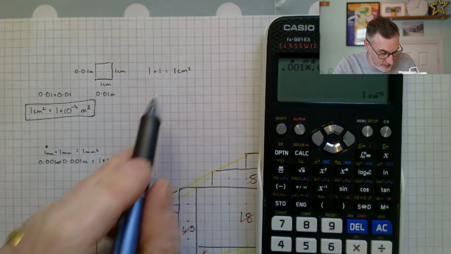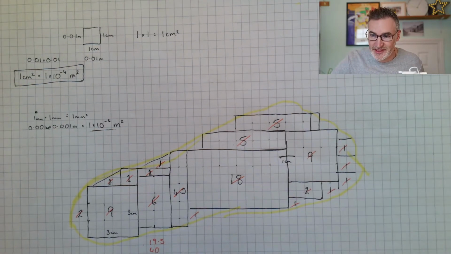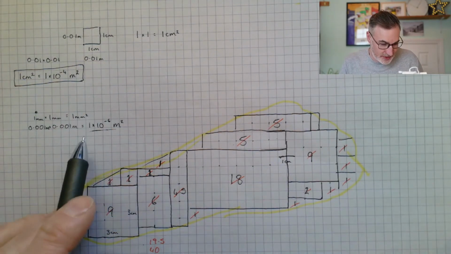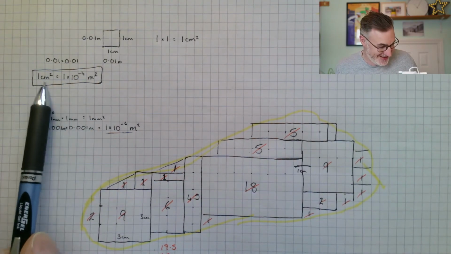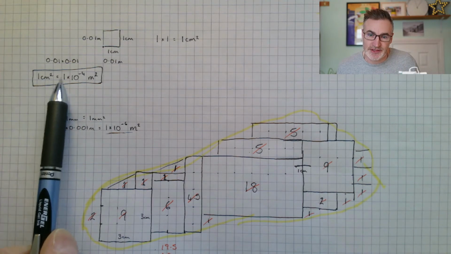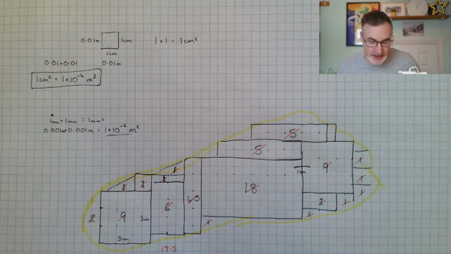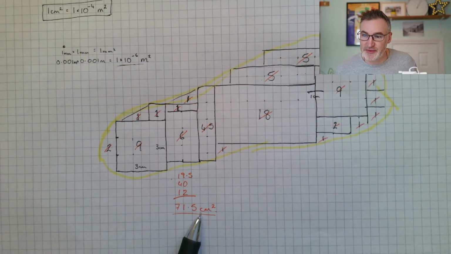Okay, right, so we have conversions for centimeters to meters. So we now have our conversion scales for centimeters. So 1 centimeter squared is 1 times 10 to the minus 4 meters squared. We have 71.5 centimeters squared.